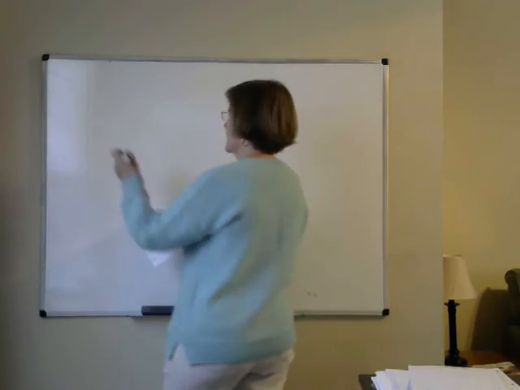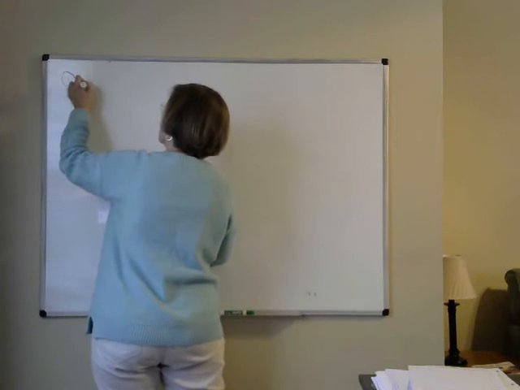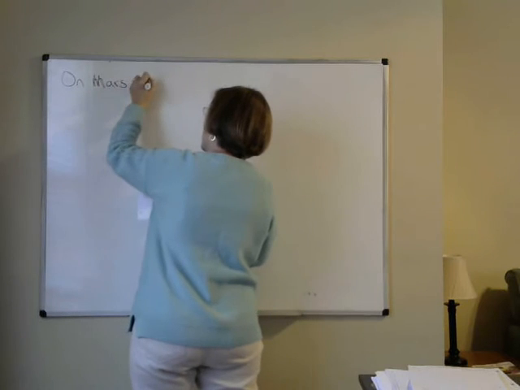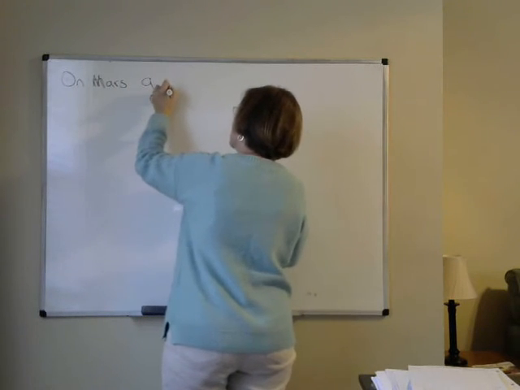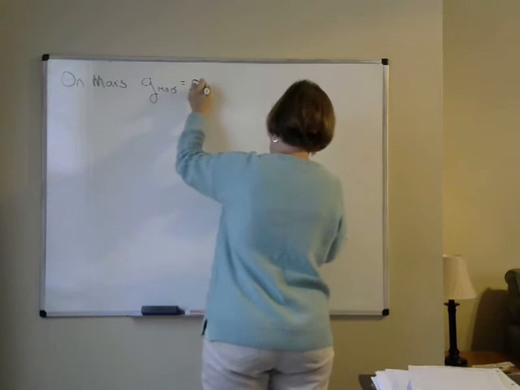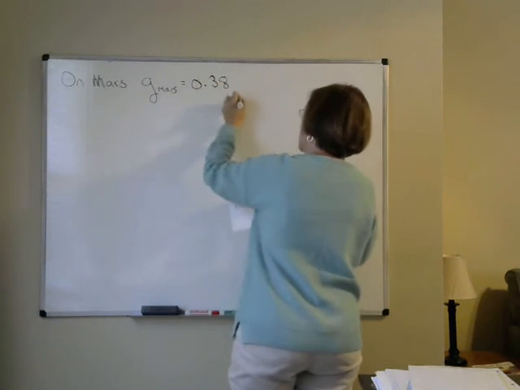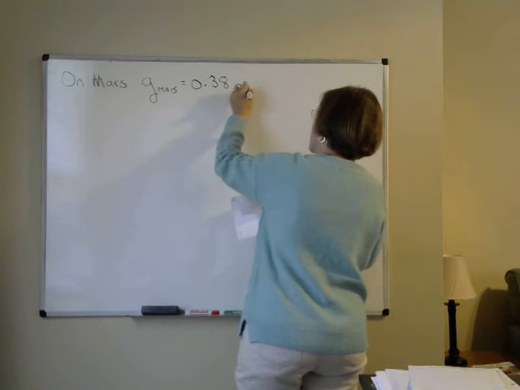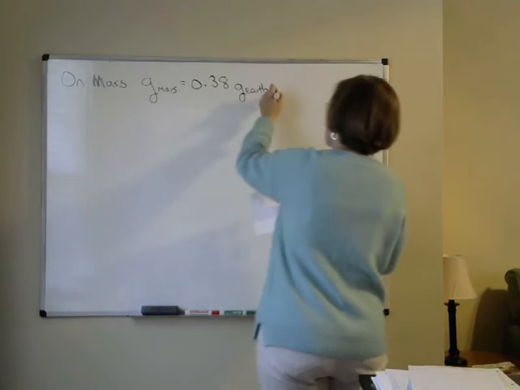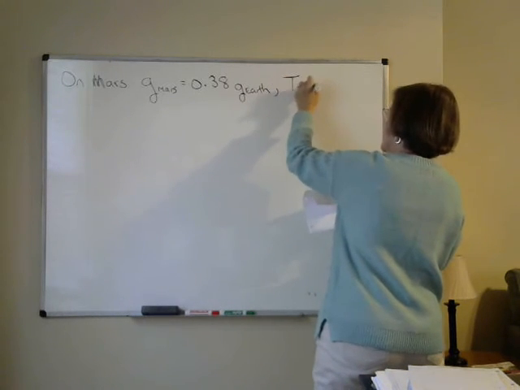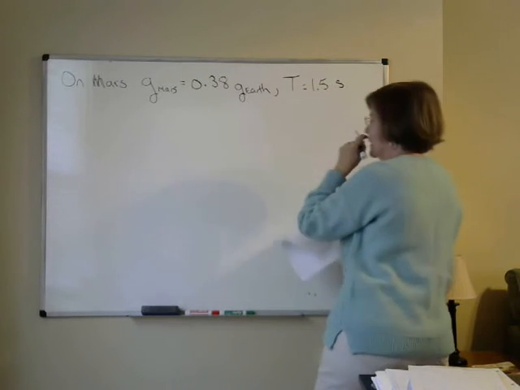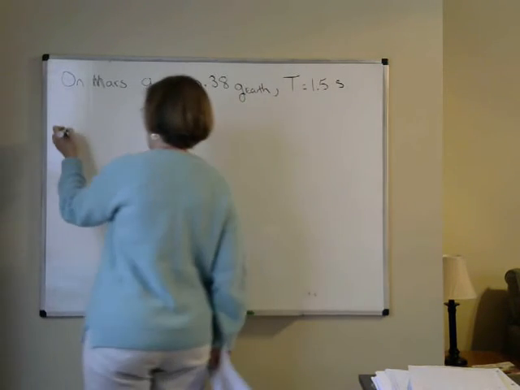On Mars, the gravity on Mars is 0.38 times the gravity on Earth. On Mars, the period is 1.5 seconds.